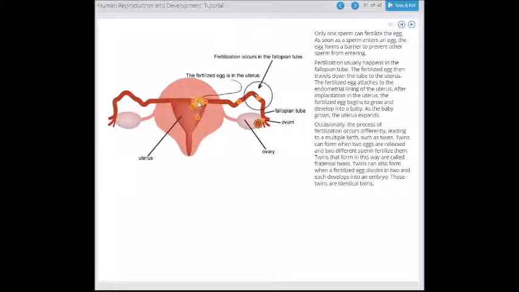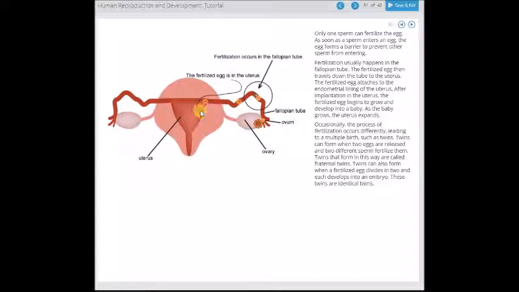If you're an identical twin, at one point you and your brother or sister were a single cell that split apart, and 1 embedded in one part of the uterus and 1 embedded in the other. This creates a situation in which you now have 2 children growing in the uterus, and it happens all the time. And twins are awesome, right?